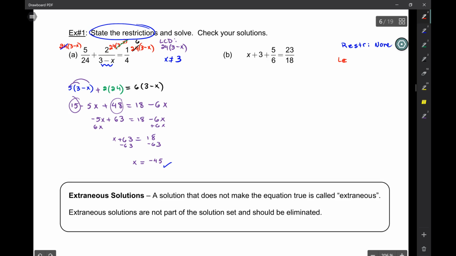Okay, so LCD is what for this one? 18. It's the smallest number that both can be divided by. So I'm going to multiply everything by 18. The x and the 3 don't have denominators. It's okay. Don't hurt their feelings. Give them an 18. Okay? Now, what have I got left?